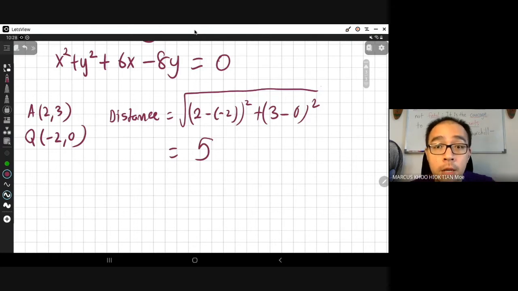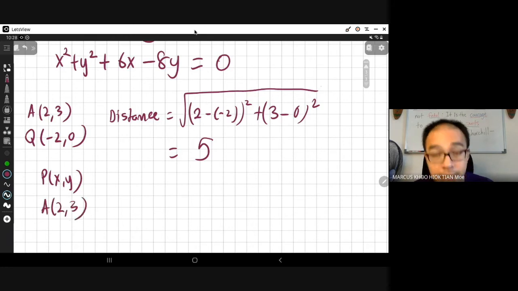So now you have the distance 5 and you have the 2 points. The locus point is P and the fixed point is A, (2, 3).